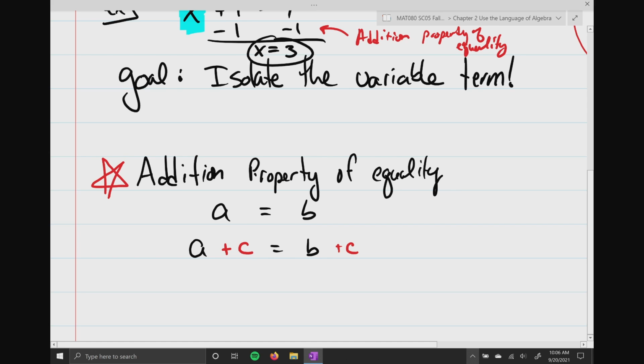And what that states is that if you have A equals B, in other words, you got an equation with a left and a right side, this property says you're allowed to add anything you want. But if you do it to one side, you must do it to the other side. Okay? Now, this also applies if you wanted to do this.